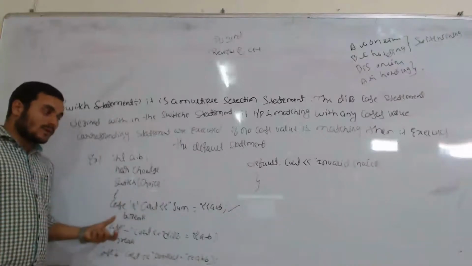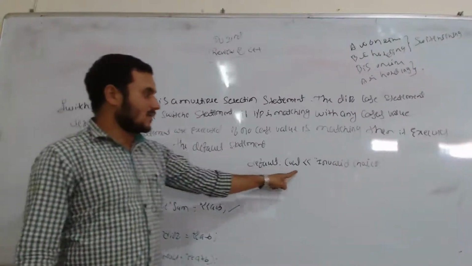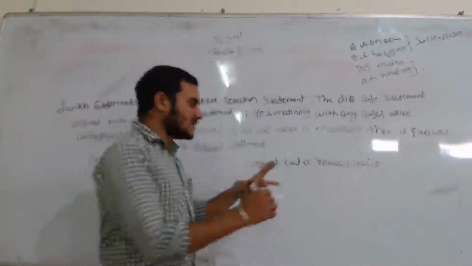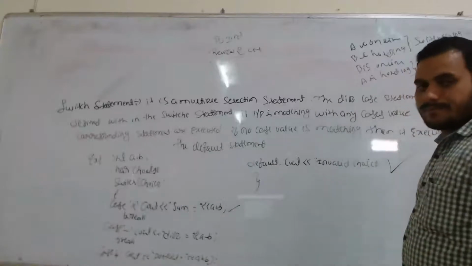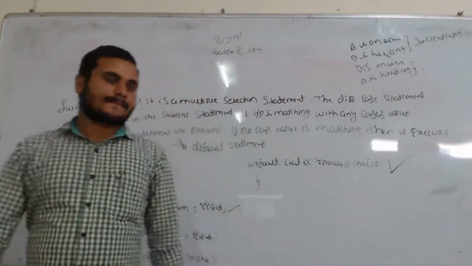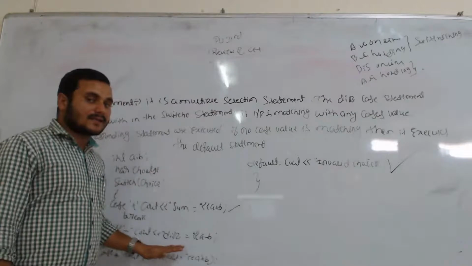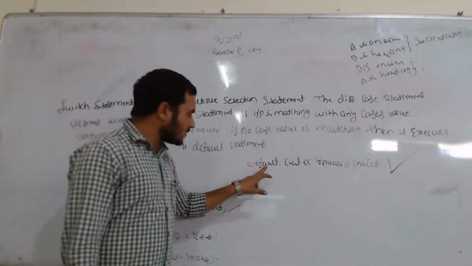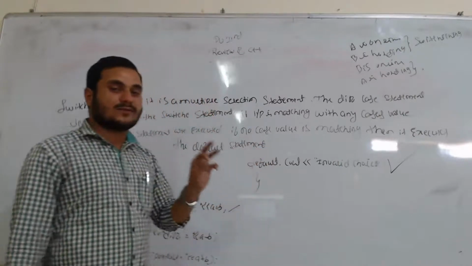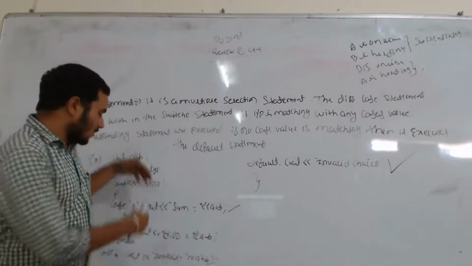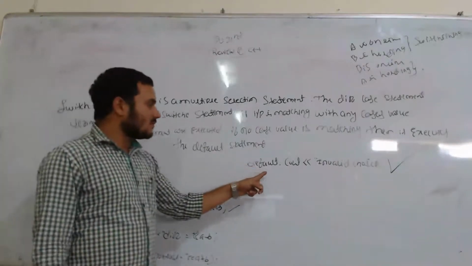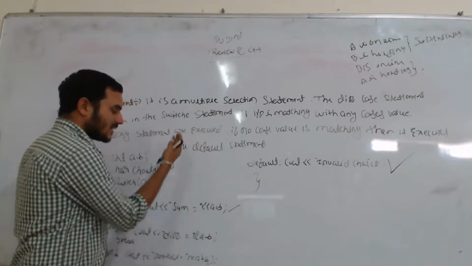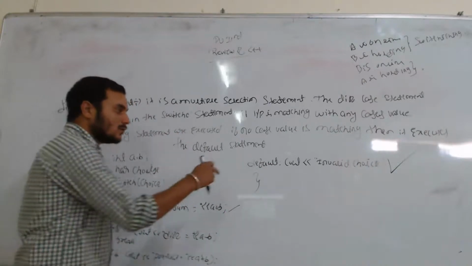In case no case is matching, this is the invalid choice. This is what the default statement is. If no statement got executed, the default statement at any cost, 101% sure, will execute, because if no case is matching, then this default will match. If a case matches, the corresponding statement is executed including this default statement.